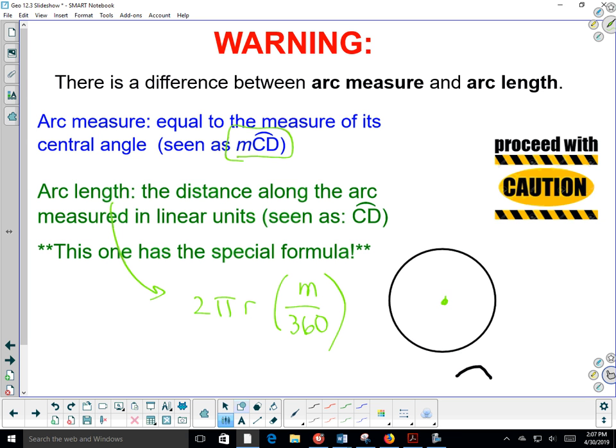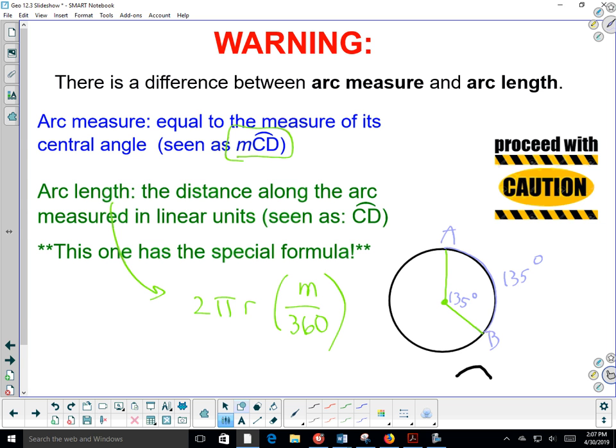For example, let's say the central angle measured 135 degrees, and let's say this is point A, this is point B. Then the measure of this arc would be 135 degrees also, right?